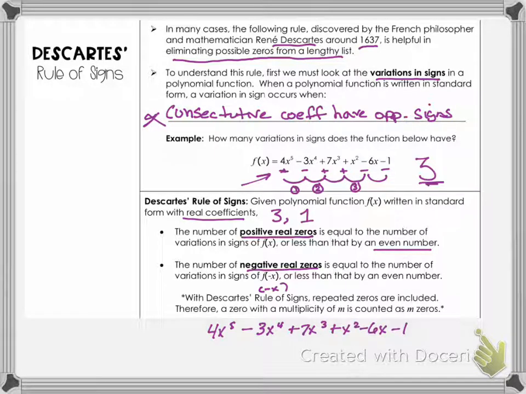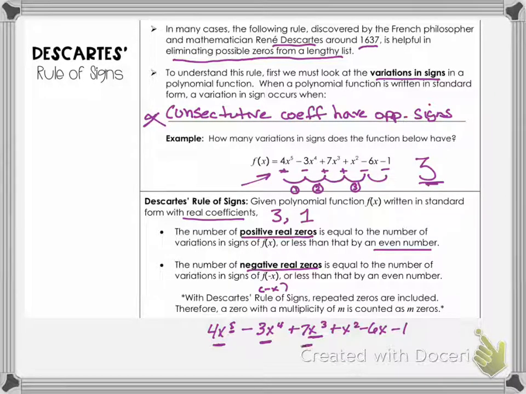Everywhere there's an odd degree, if I put a negative x in there, it would change the sign, right? So this would become a negative. This is an even degree, so it would keep it the same, right? It's already a negative, and that would keep it negative.